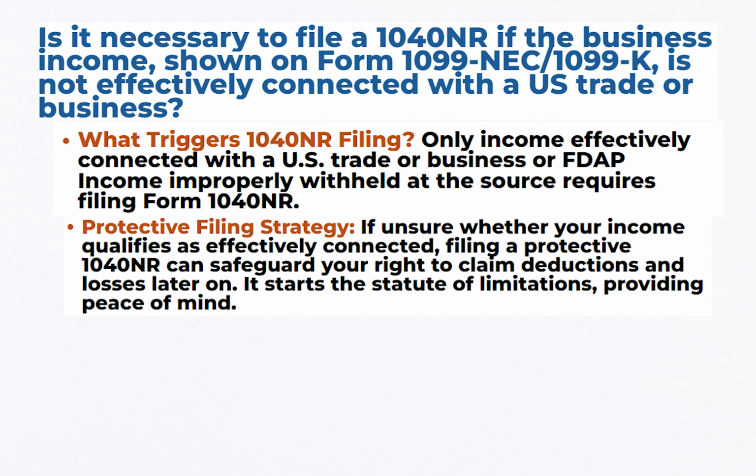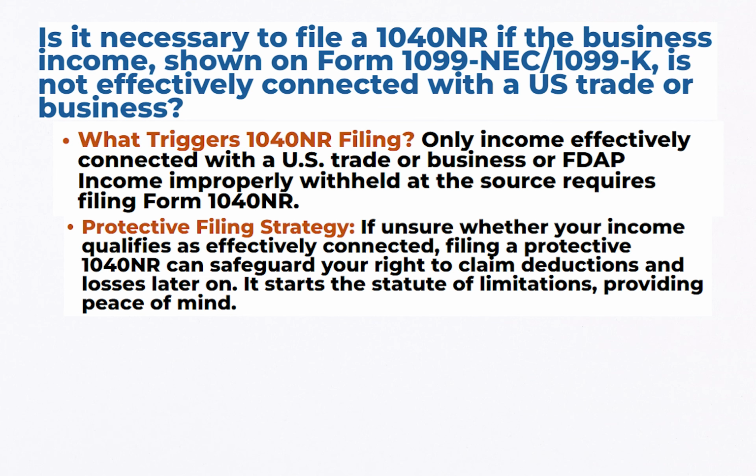So when you are not clear, you file a protective return, which starts the statute of limitation. Now, the statute of limitation is the point at which the IRS can no longer come after you for any kind of taxes, okay? Usually it's 3 years after you file, or after the due date of the taxes.